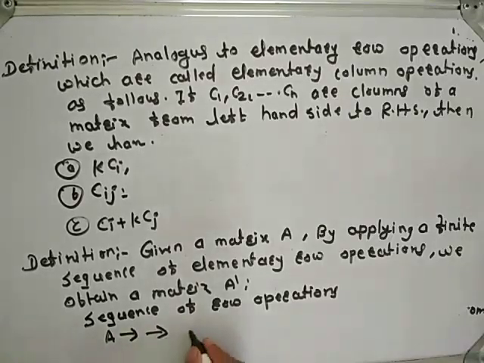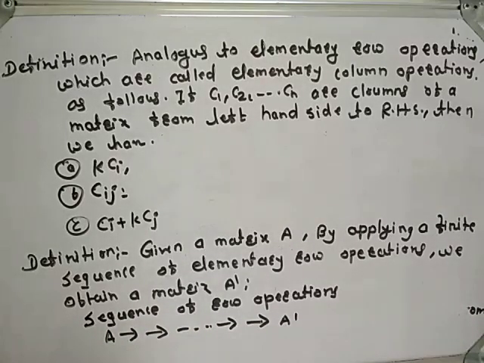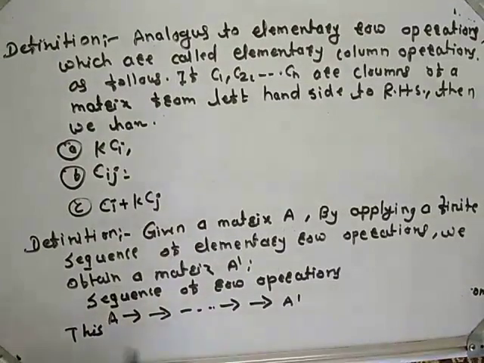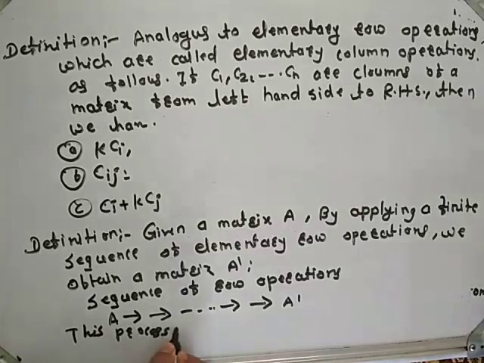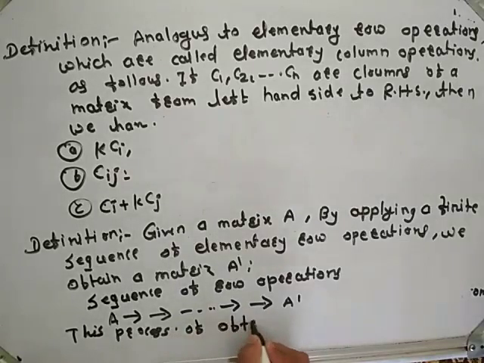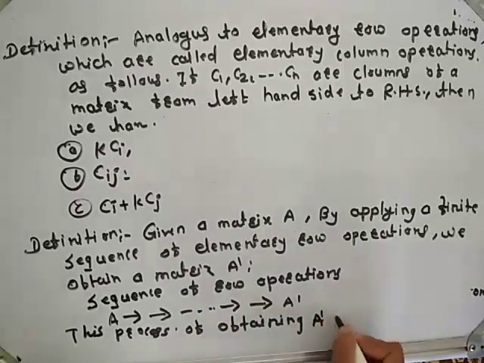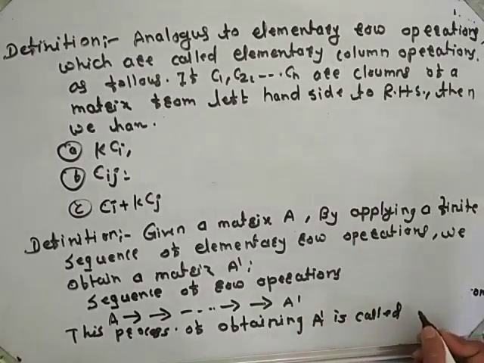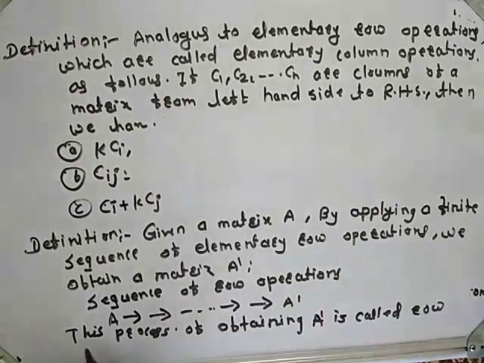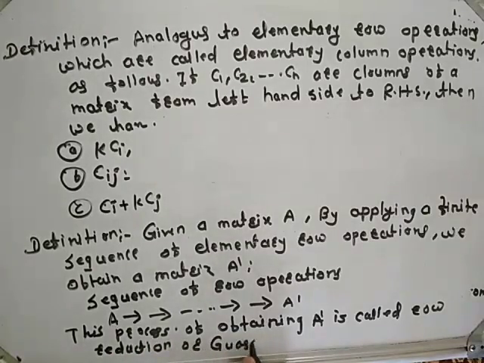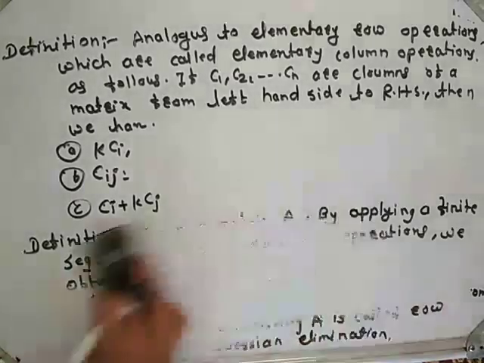Means we apply a finite sequence of elementary row operations on A. This process of obtaining A dash is called row reduction or Gaussian elimination.